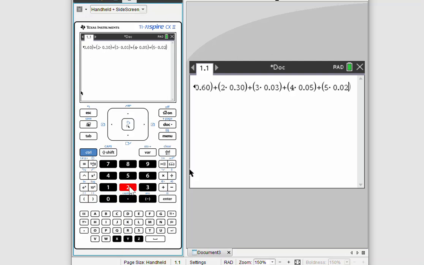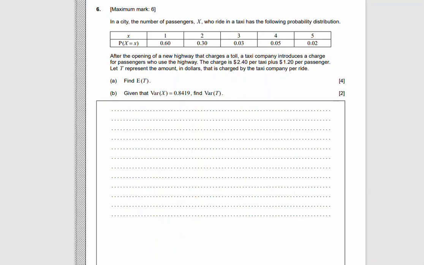This will be represented as E of X. Let's click enter. $1.59. This represents our E of X. Let's write it: E of X is equal to $1.59.